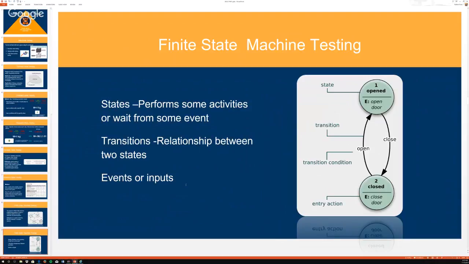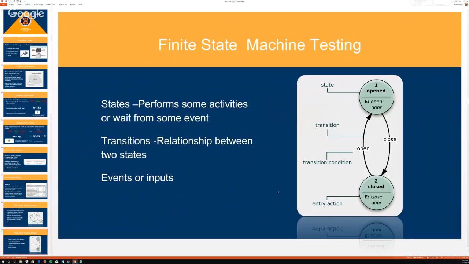And here we have a simple door. The two states that we can have in the door are closed or open. And we have the transitions, closed to open and open to closed, as we can see here. And we have entry actions that are basically the events or inputs.